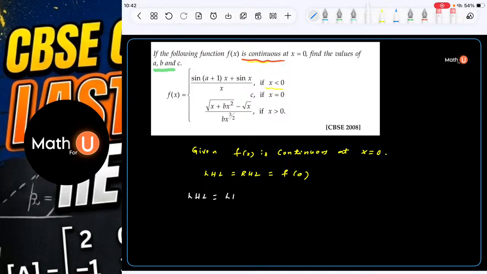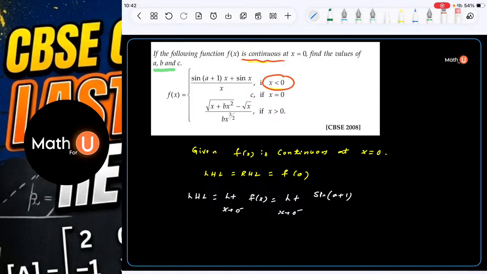Left hand limit is equal to limit x tends to 0 minus f of x, that is equal to limit x tends to 0 minus, what is the function? Sin of a plus 1 x plus sin x by x, since the condition is x is less than 0. You should consider this as the function for left hand limit.